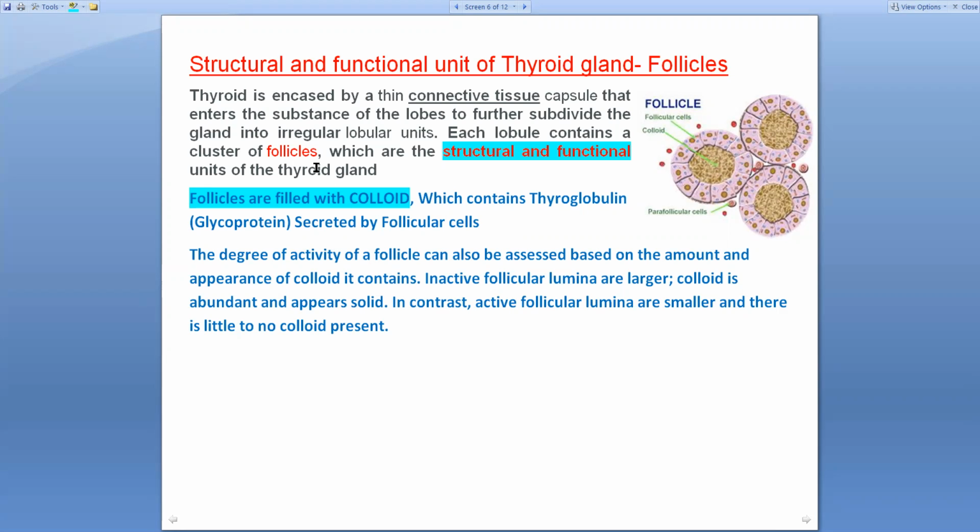See, thyroid, we have already studied, is encased by a thin connective tissue, which forms a capsule around this endocrine gland. Now, this capsule forms projections inside the substance of the lobes. These projections of the capsule further subdivide the gland into irregular lobular units.